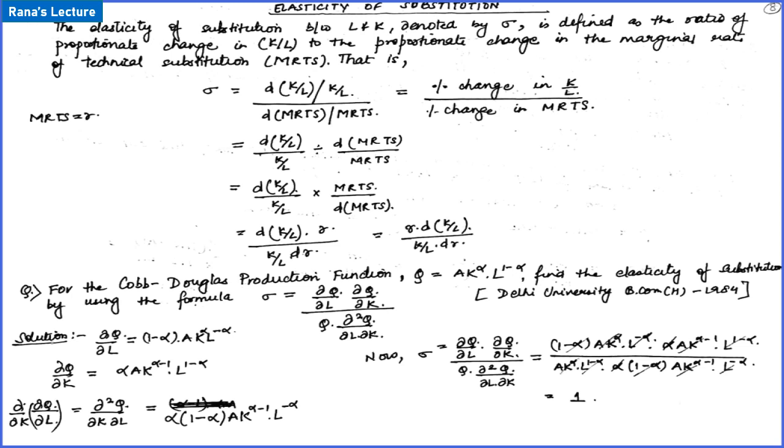Elasticity of substitution. This is our next topic. The elasticity of substitution between labor and capital, which is denoted by the symbol sigma, is defined as the ratio of proportionate change in capital by labor ratio to the proportionate change in the marginal rate of technical substitution, MRTS.